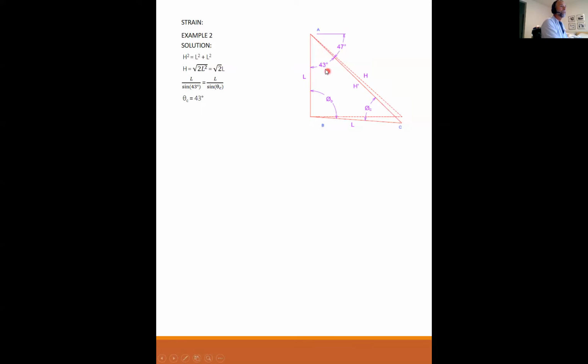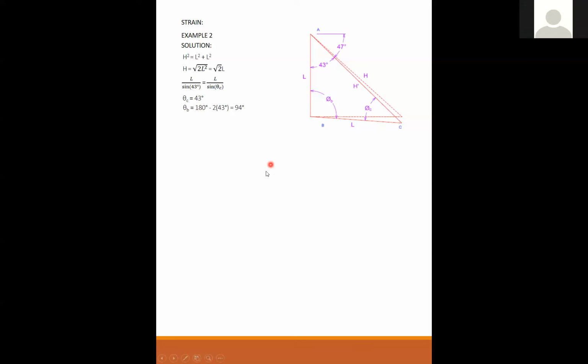Which means if this is 43 and this is 43, then I can find theta B. Theta B is just 180 degrees, the sum of all three angles of a triangle, minus 2 times 43 degrees. So theta B is 94 degrees. Everybody on board so far?